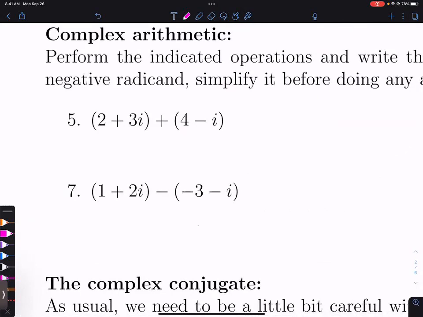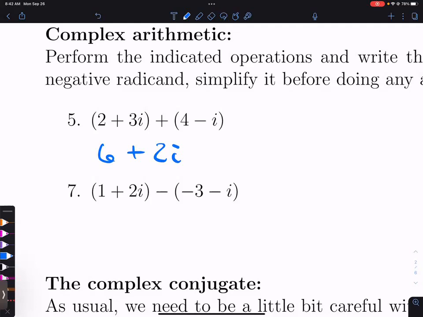So what are like terms here? 2 and 4, and then 3i and negative i. So you can just add the real parts and add the imaginary parts. So what would that give you? 6 plus 2i. That's it.